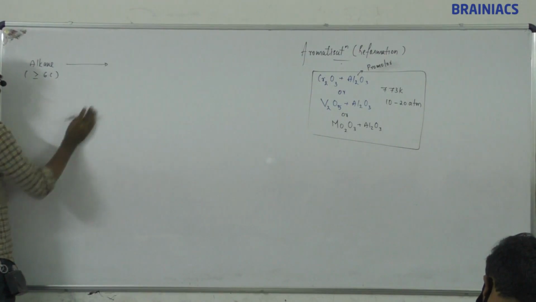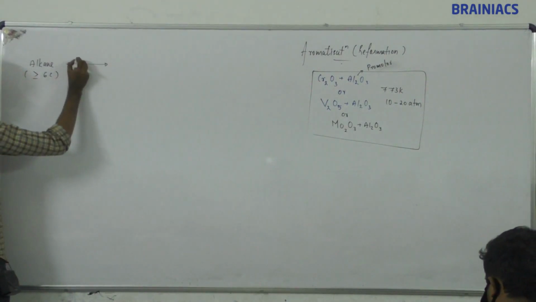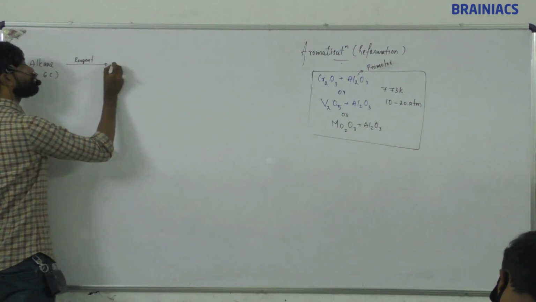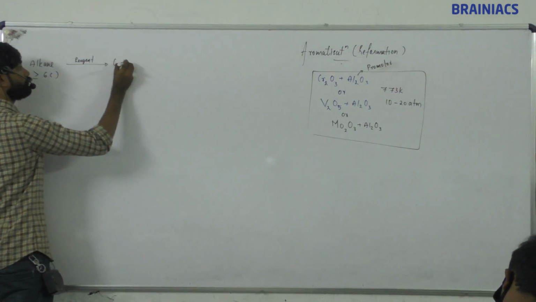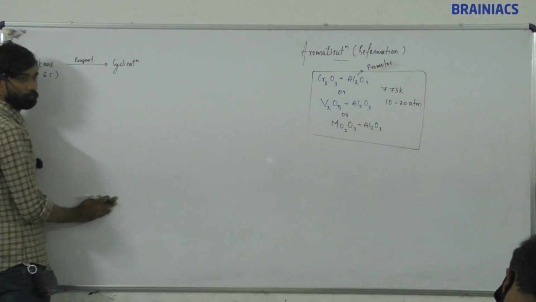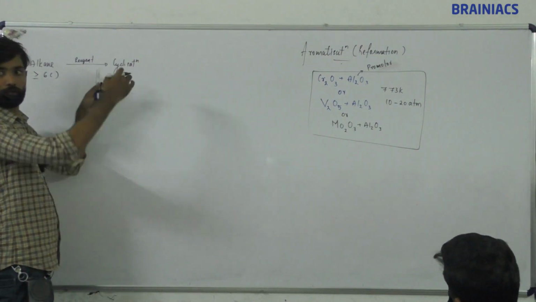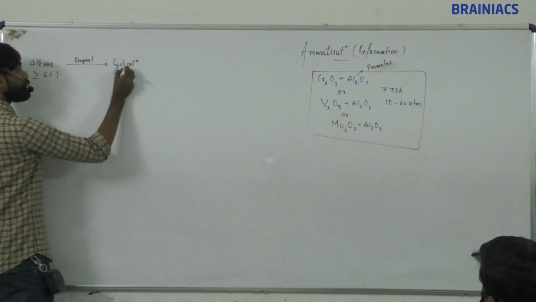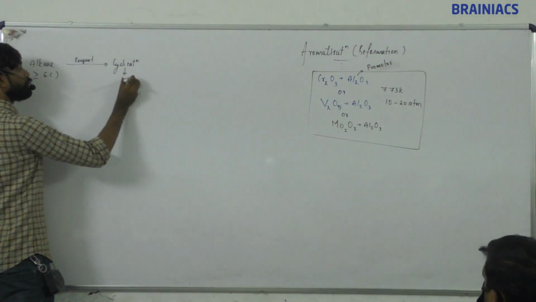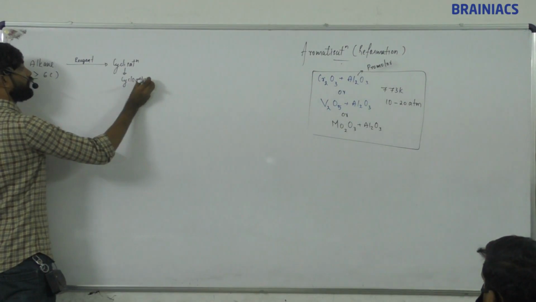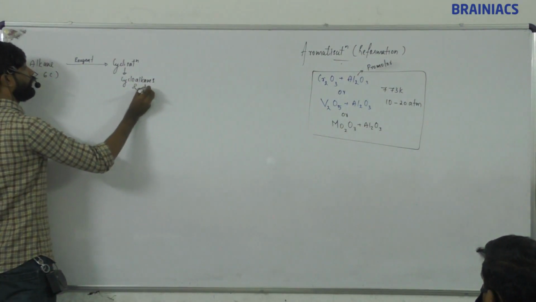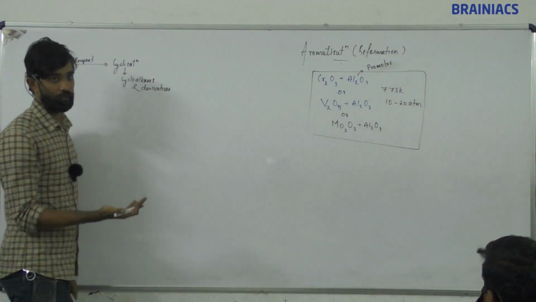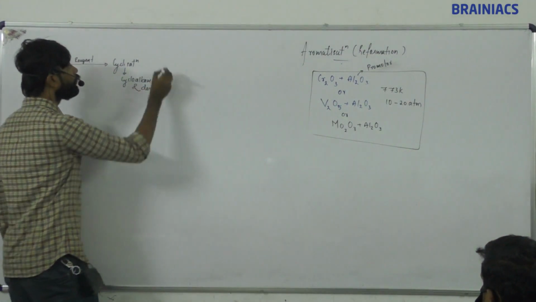First of all, on treatment with the reagent, cyclization occurs. You open and cyclize, forming methyl cycloalkanes, alkyl cycloalkanes like that.